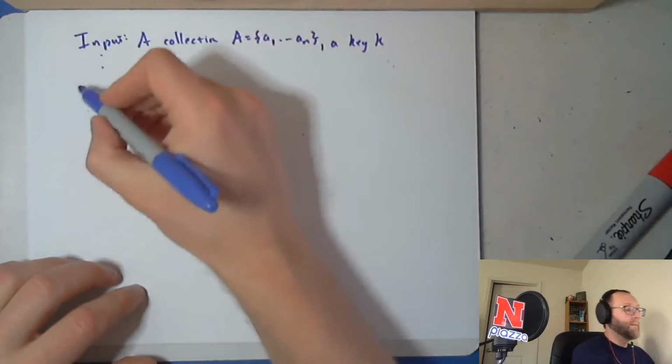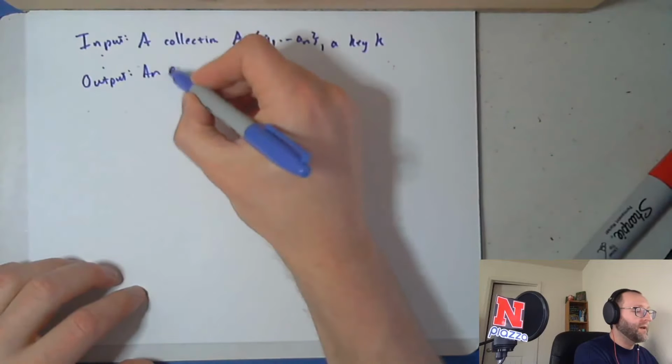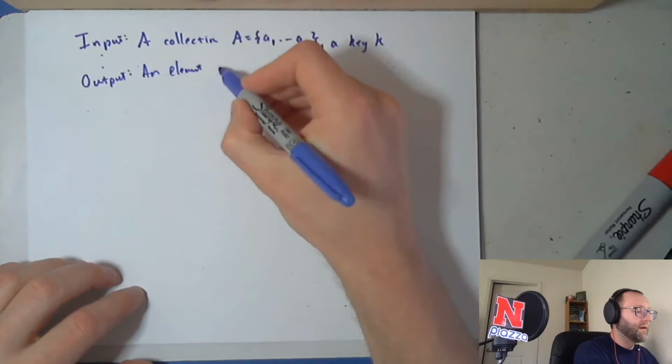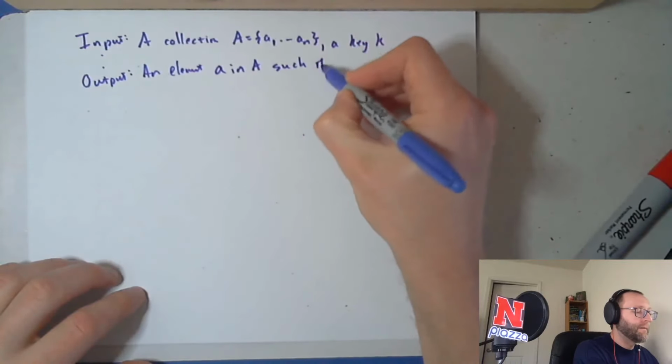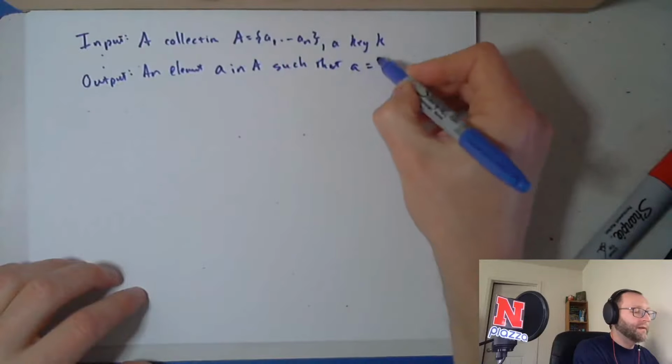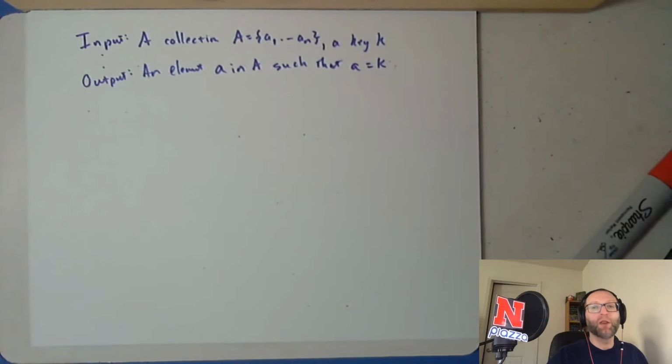Right? My output is going to be an element A in A such that A is equal to my key element, right? Note that I'm using the mathematical equals algebra here because it's pseudocode. This is not real code.